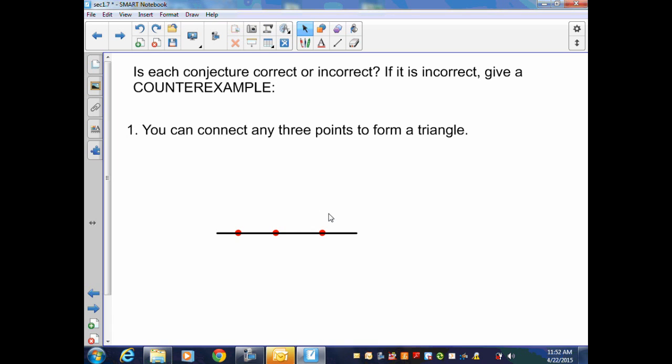And obviously, they don't form a triangle. Therefore, my counterexample is, if these 3 points lie on the same line, they can't form a triangle. Therefore, this is false. You can't connect any 3 points to form a triangle. One counterexample, and the statement is false.